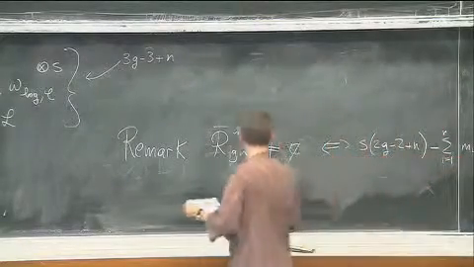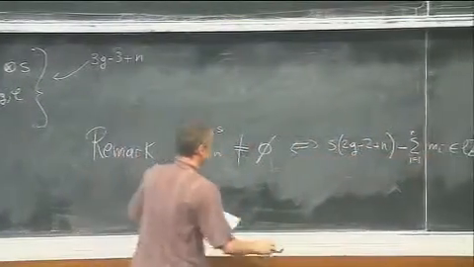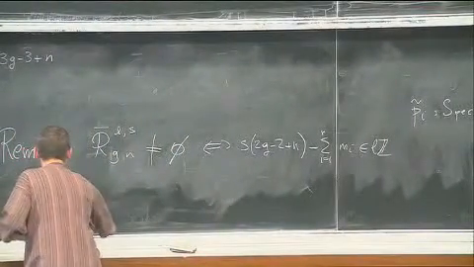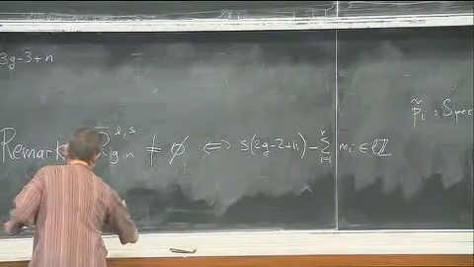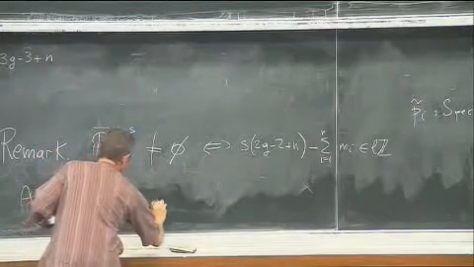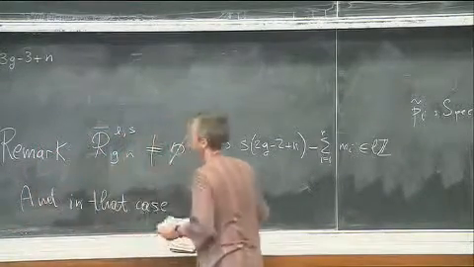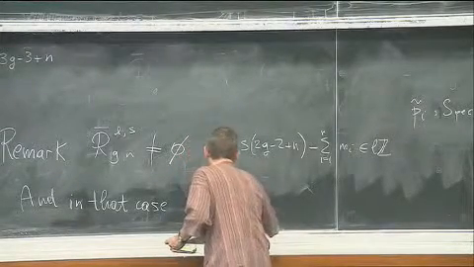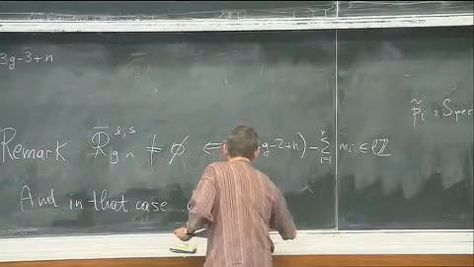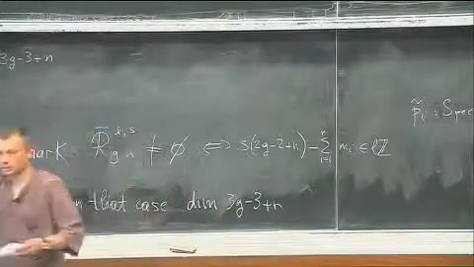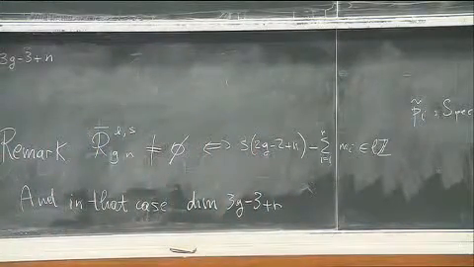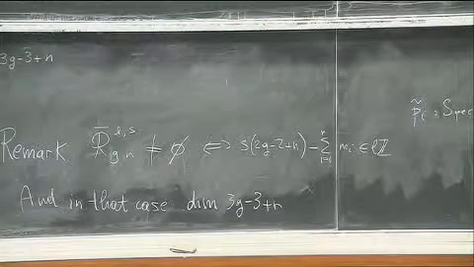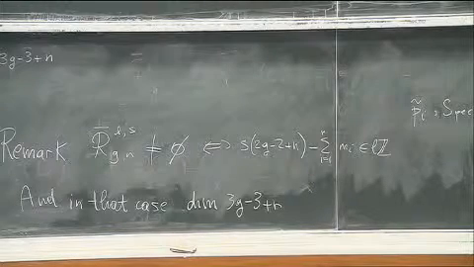And in that case, it is a smooth Deligne-Mumford orbifold of dimension 3g minus 3 plus n, and it admits a nice topological stratification, just as in the case of stable curves, with the difference that these strata are not just dual graphs.